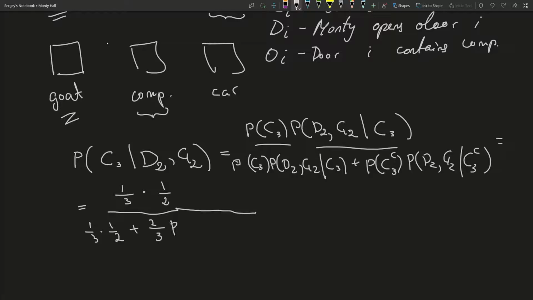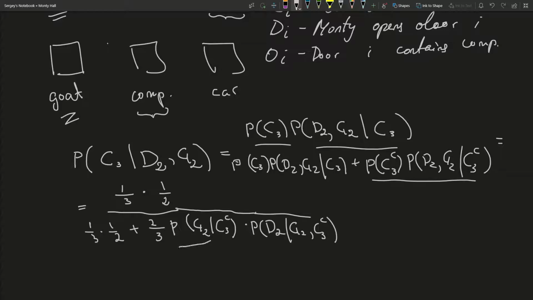The probability of there being a goat behind door 2, given that there isn't a car behind door 3, multiplied by the probability that Monty opens that second door, given that there is a goat behind door 2 and there isn't a car behind door 3. So we just used the definition of the probability of the intersection of two events to rewrite this expression in terms of a product of these two probabilities.